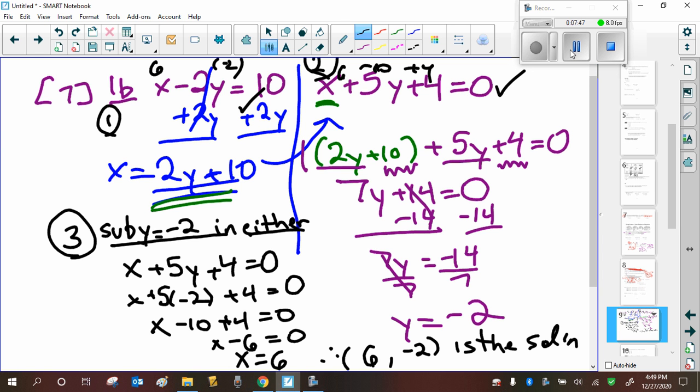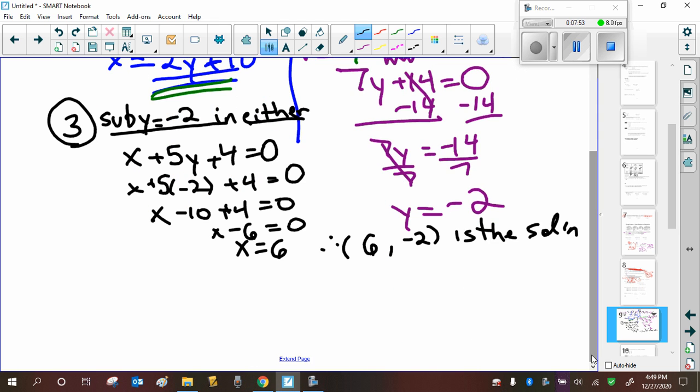Time for you to do letter C. Okay, so do 1C on that same page. So the next question, 1C on page 7. Go ahead, solve for Q or P. There's only one option there. Substitute it into the other equation.